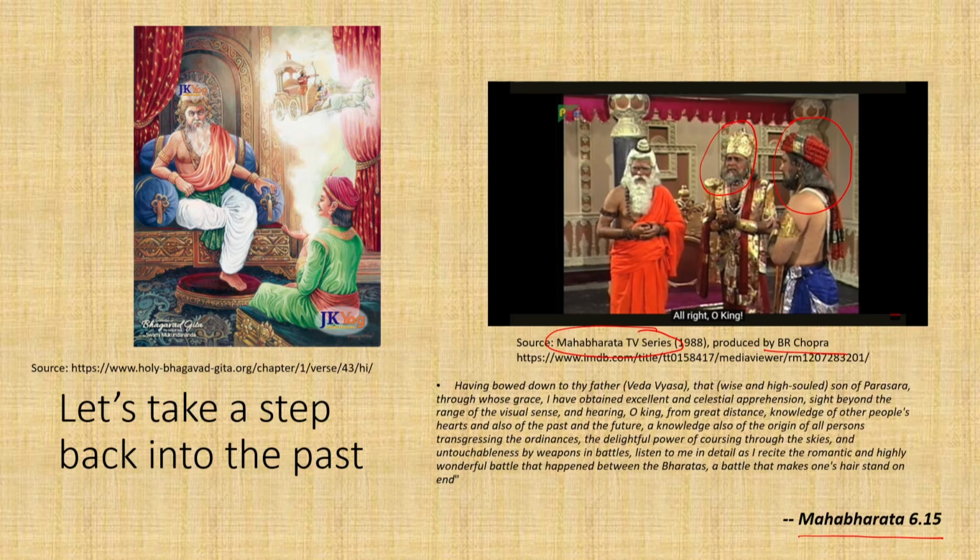He says, having bowed down to thy father Vedvyas, who is the author of Mahabharata, that wise and high souled son of Parasara, through whose grace I have obtained excellent and celestial apprehension, sight beyond the range of the visual sense, and hearing, O king, from great distance, knowledge of other people's hearts and also of the past and the future, a knowledge also of the origin of all persons transgressing the ordinances, the delightful power of coursing through the skies, and untouchableness by weapons and battles.